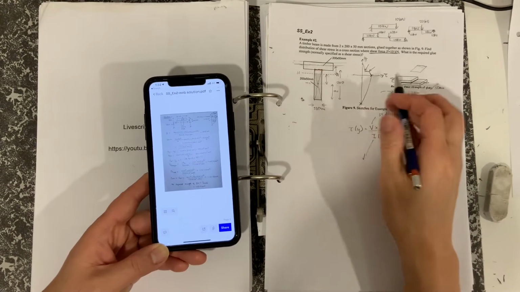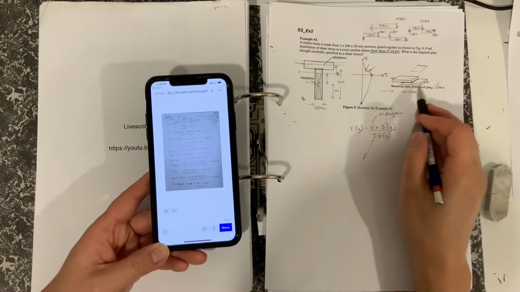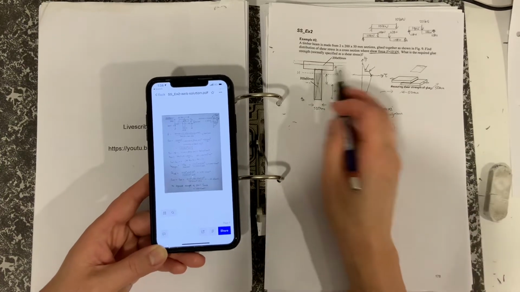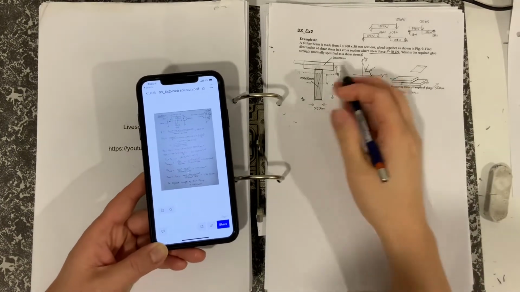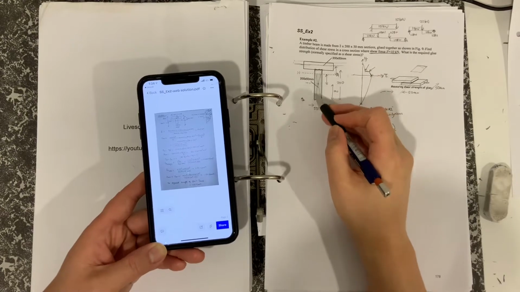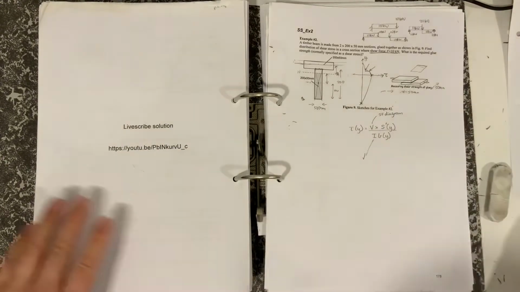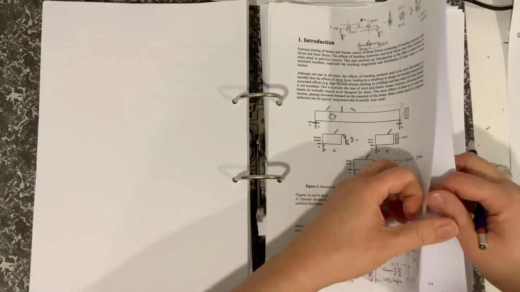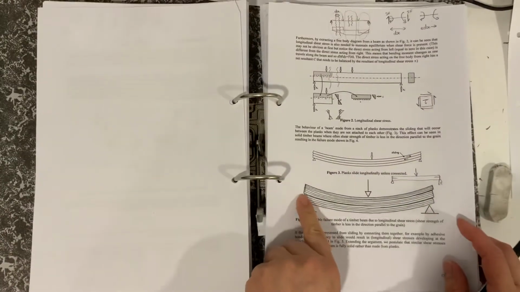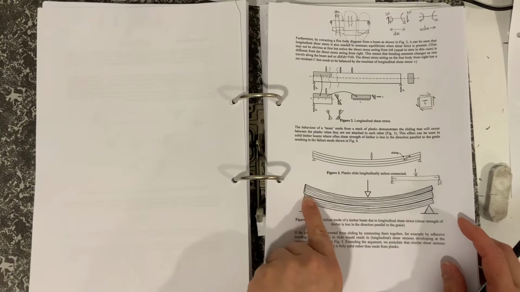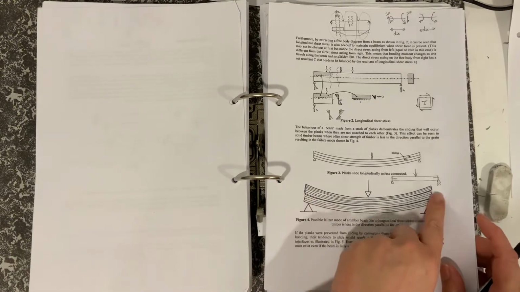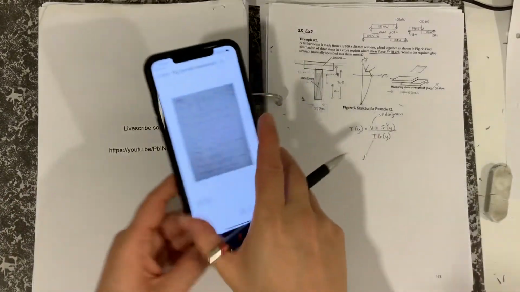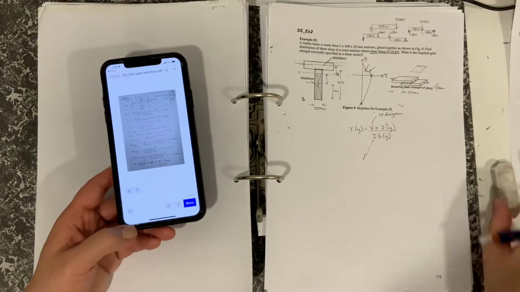If that shear stress of the glue is exceeded, then the section would separate, or there would be fracture of the glue, and then the two bits of wood would be working separately. We've talked about that before, right at the start, when we were talking about fracture of glue along those bits at the ends. So for some of you there's a written solution there that you might like.